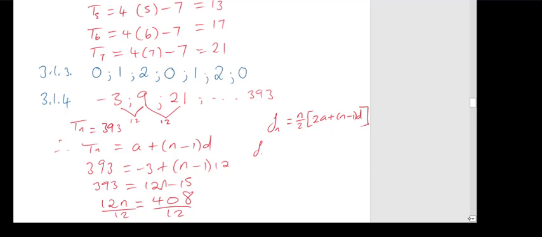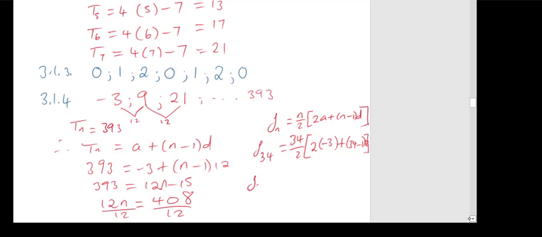Now, sum of 34 terms, because we have the terms of 34. La kona n ifakwe 34 over 2. A wako, you know A wako is negative 3, plus into 34 minus 1. And the difference, you know, it's 12.